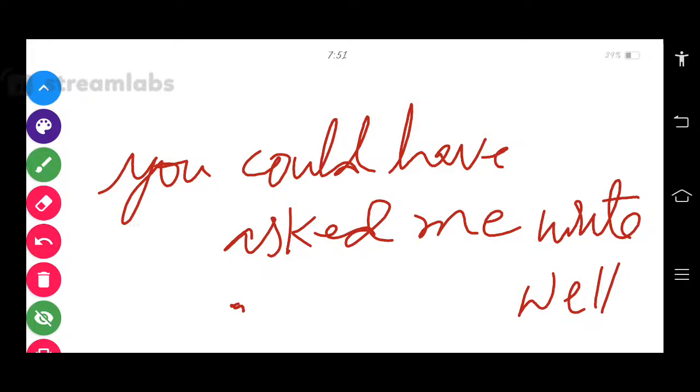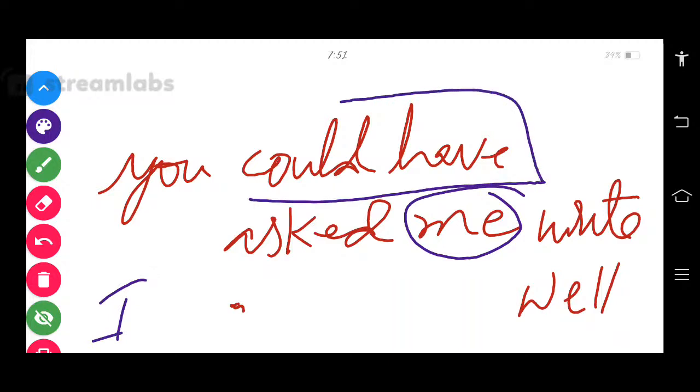Now, by going through all the details which I have given to you, try to say what is the correct answer. In answering this, it is to be started with me. Me, when it comes to the subject, will become I. Next, could have is an auxiliary. In the earlier part I told you could have has to be used like could have been.